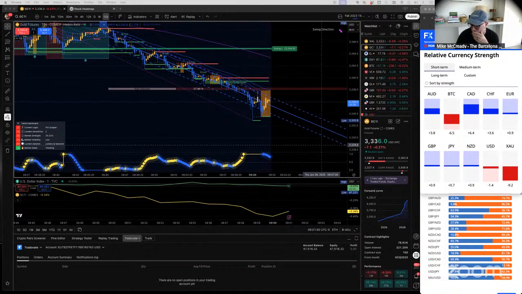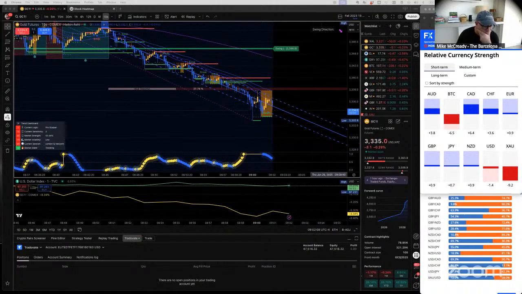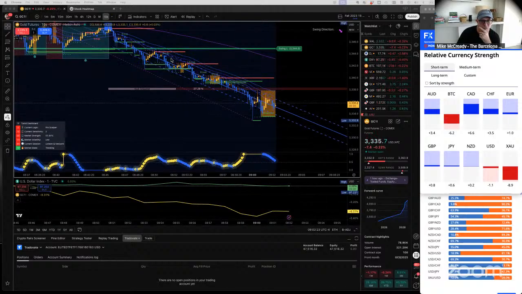We have WS1. Where's the WS1? Yeah, WS1 and the DM2 are at the same spot. That's what we call confluence: WS1, DM2, and the previous day point of control. We've got to get through those before we can trade. Just look at all this chop coming down. That is untradeable.